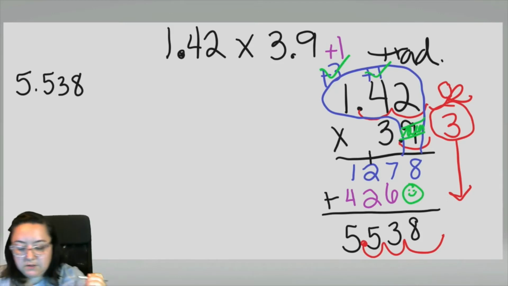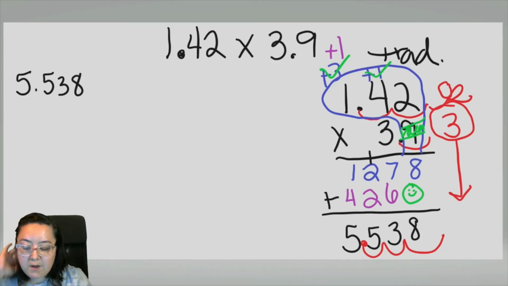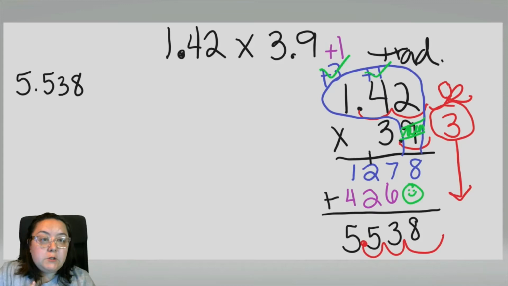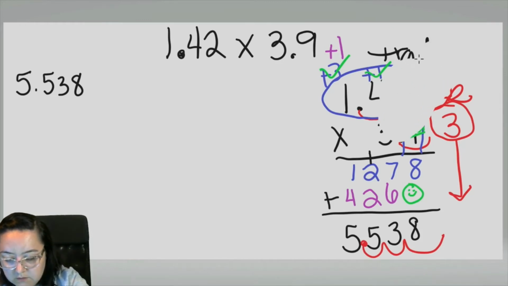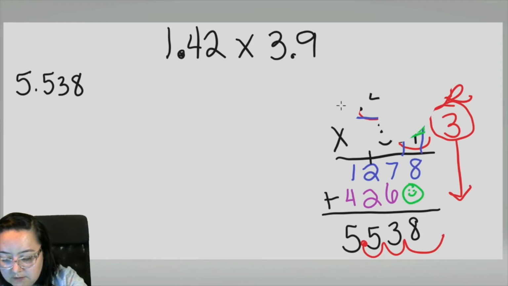538 thousandths. So now I'm going to show you traditional again, but this time I'm going to show you what it looks like if you line your factors up according to their place value. Let me just erase this here.